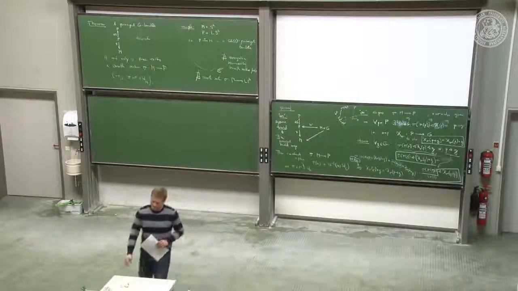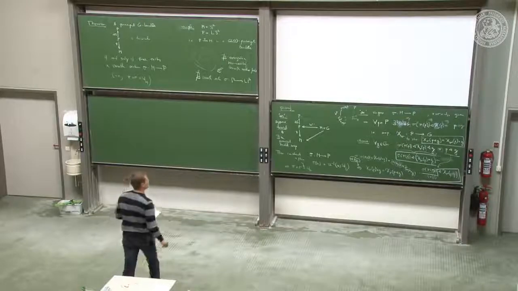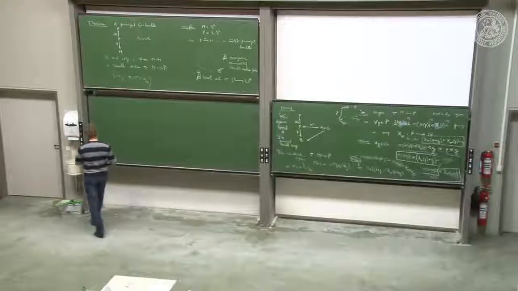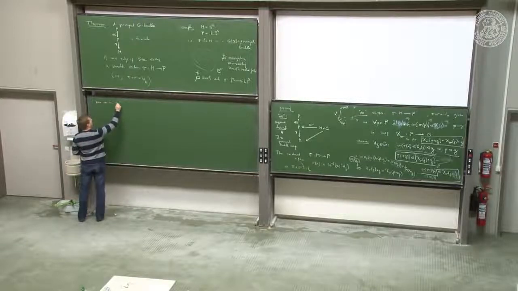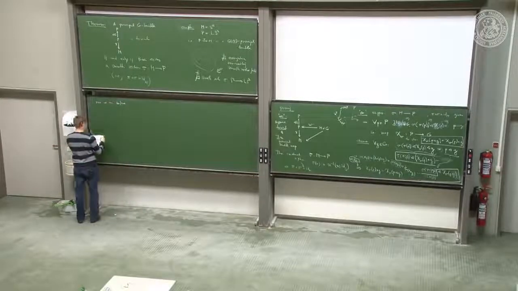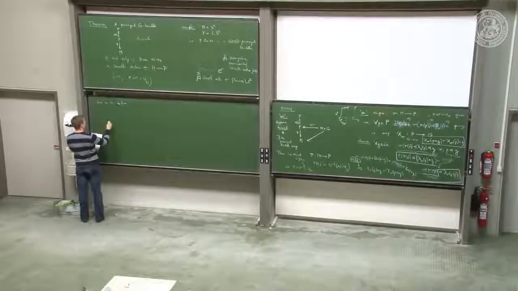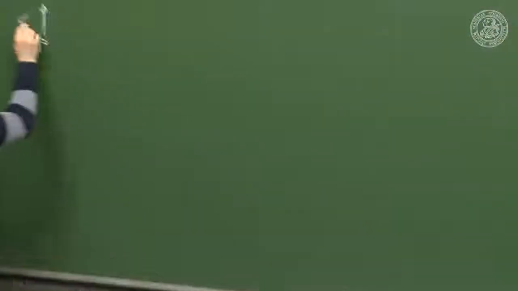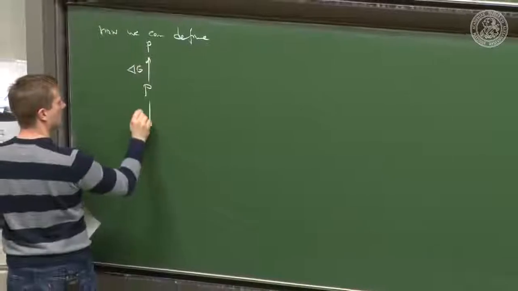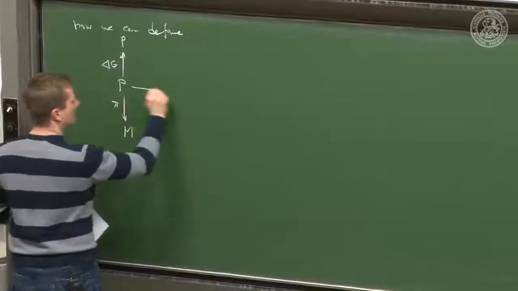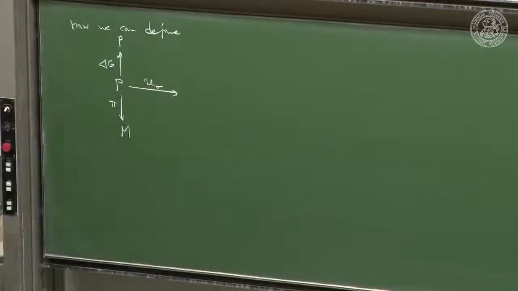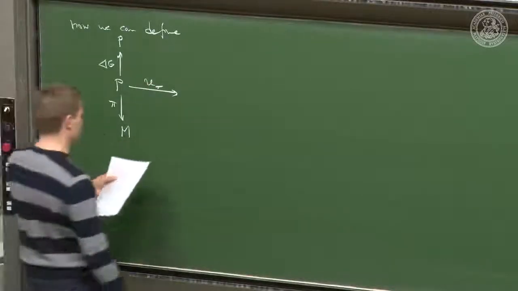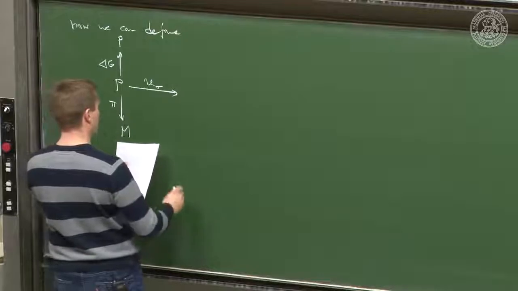So now we're in a position, starting with this section, to define. Now we can define, we can start from our principal bundle. And we can define a map U that depends on the given section sigma, because in this direction the section is given.